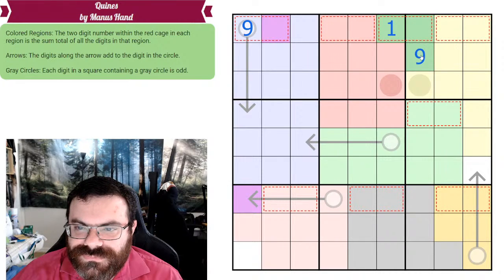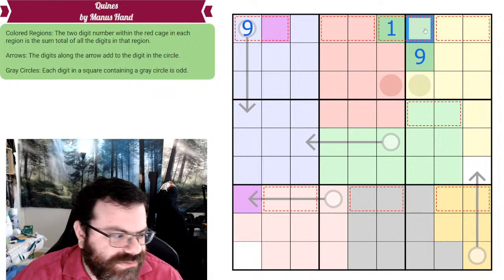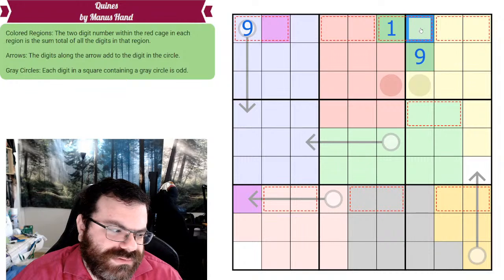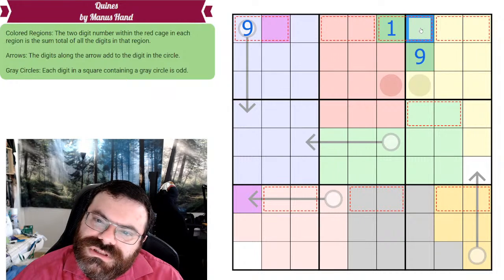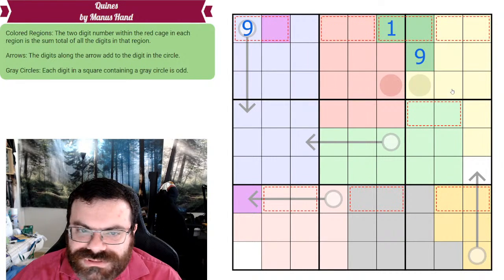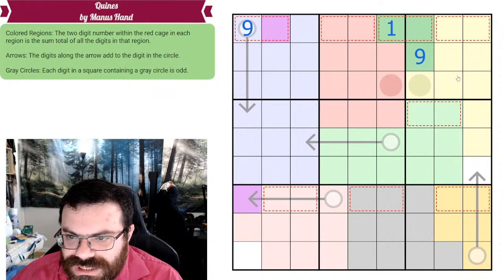So now, can this be anything? No matter what's in here, we get, so if this were a 2, wait. Oh, right, because these add to 10. So whatever it is will self-fulfill.